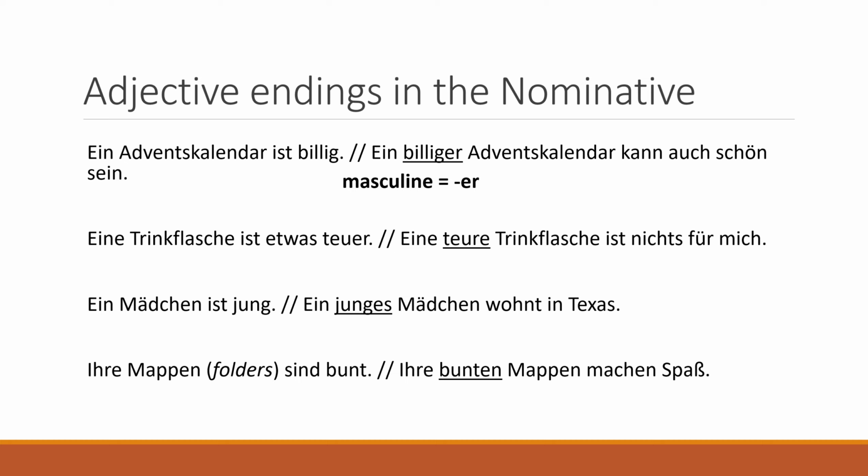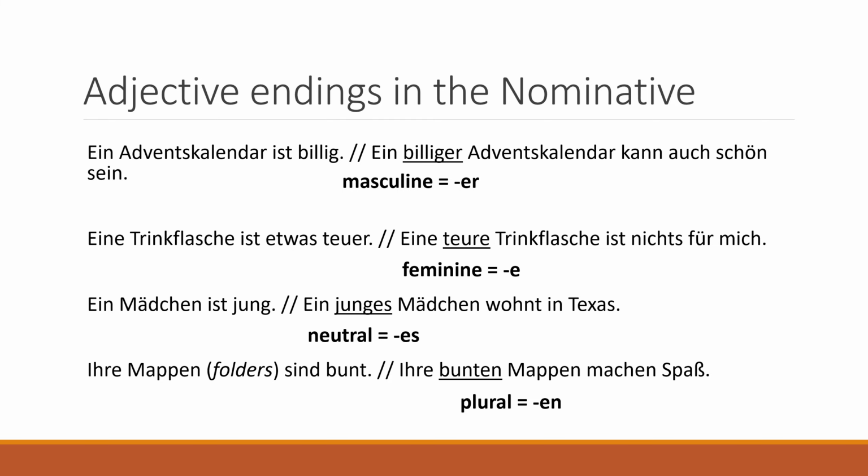In the feminine, eine teure, so E, eine teure Trinkflasche. In the neuter, ein junges, so ES. And then in the plural, when preceded by an indefinite article or something like it, like kein, mein, and those things, it's EN, just like in the previous case with definite articles, right?